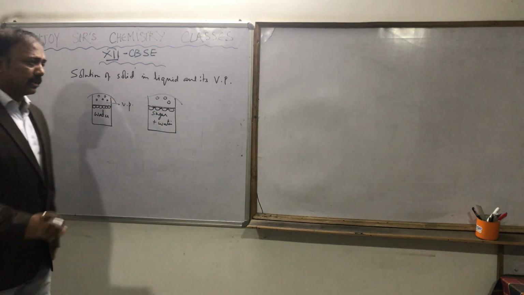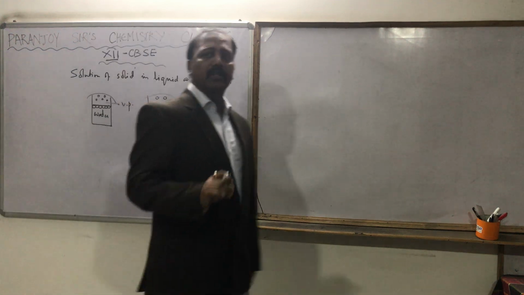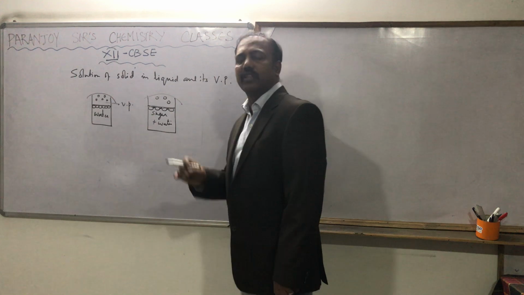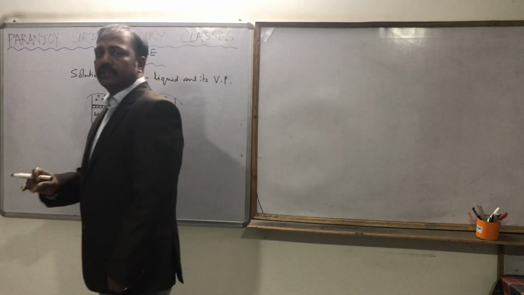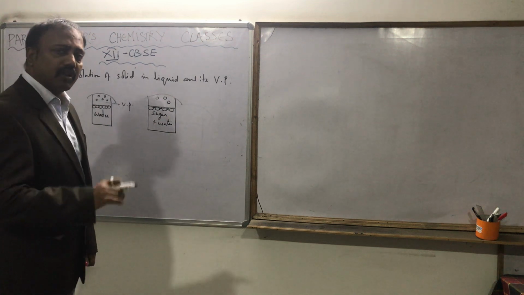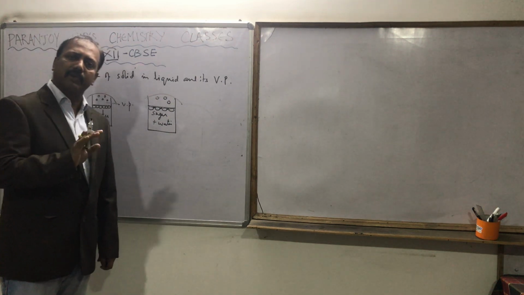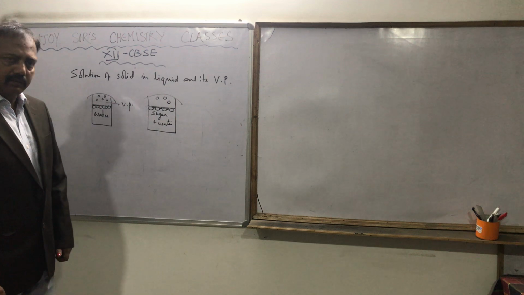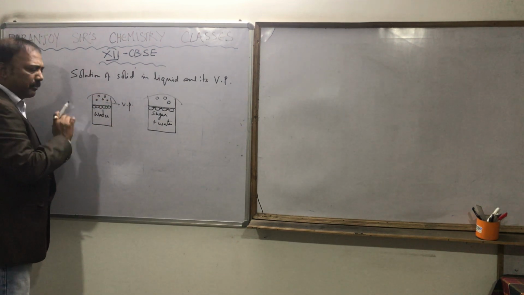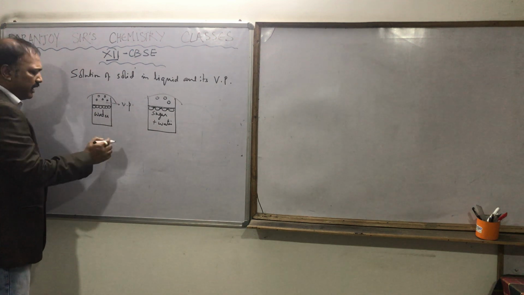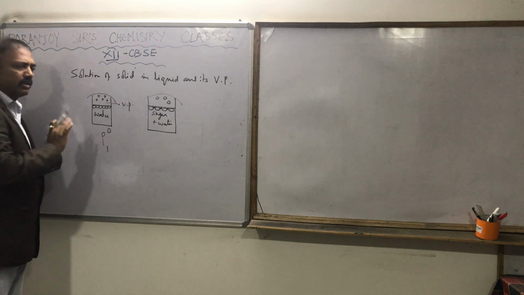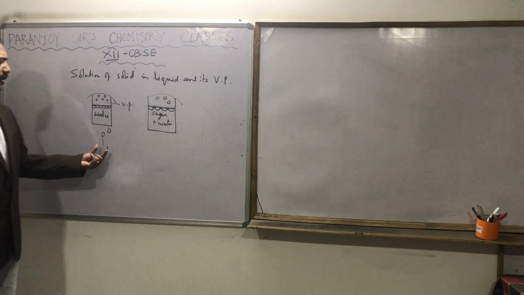So can we come to the conclusion that the vapor pressure of a pure solvent is always greater than that of the solution having a non-volatile solute in it? It means the solute is not contributing to the vapor pressure. Is it clear? Now, the vapor pressure of the pure solvent is generally represented as P1 naught. 1, we discussed already, means solvent.